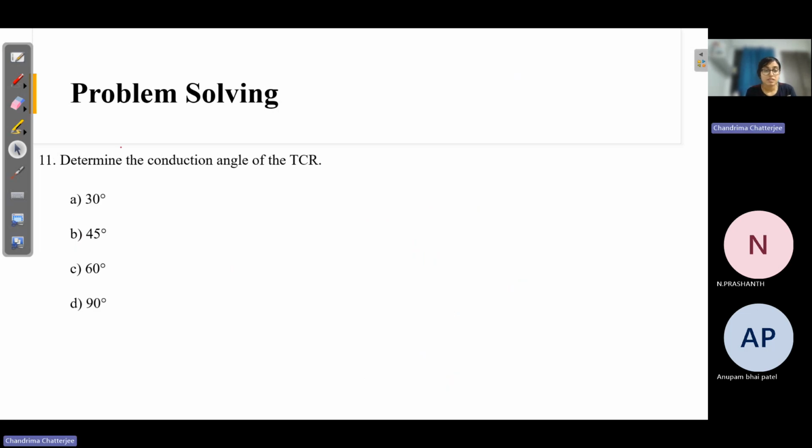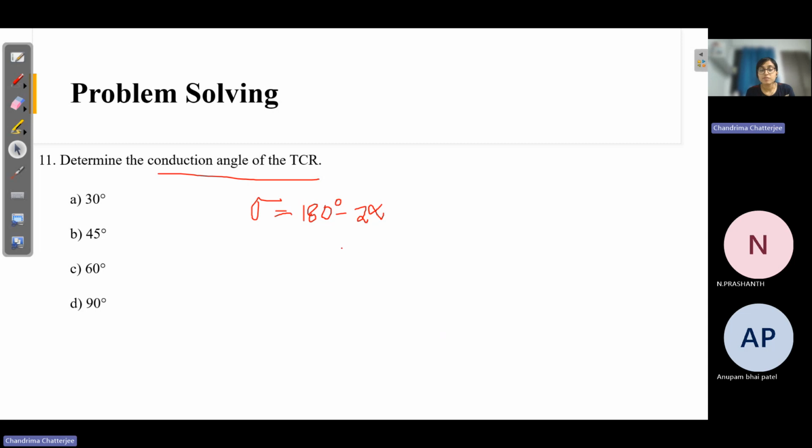Then determine the conduction angle of the TCR. What is the conduction angle? Conduction angle is sigma, and it is equal to 180 degree minus 2 alpha.